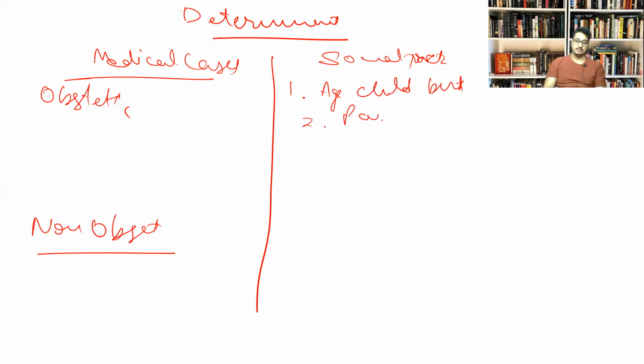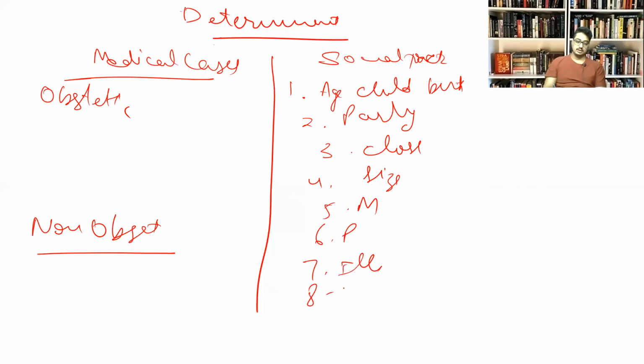Second is parity, how many children are born. Third is closeness of pregnancies, how close the pregnancies are. Fourth is size of the family. Fifth is malnutrition. Sixth is poverty. Seventh is illiteracy. Eighth is ignorance and prejudice. Ninth is lack of maternal services.